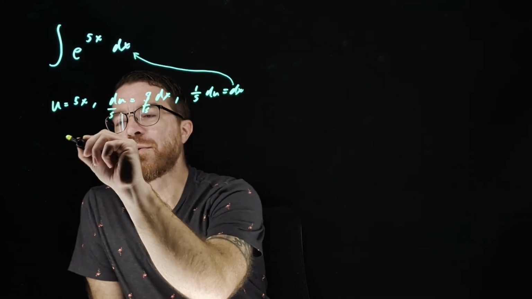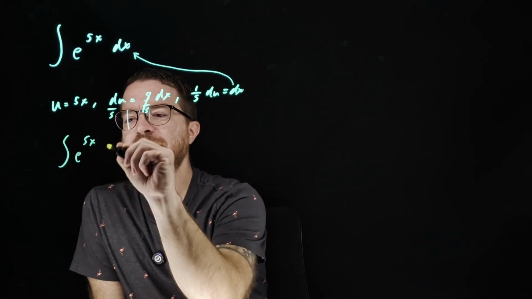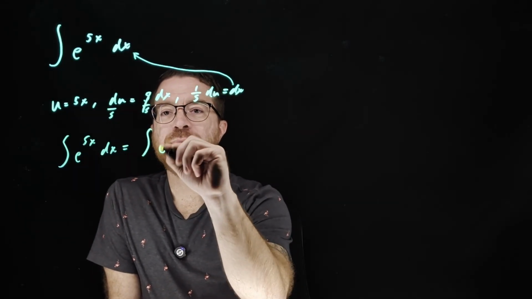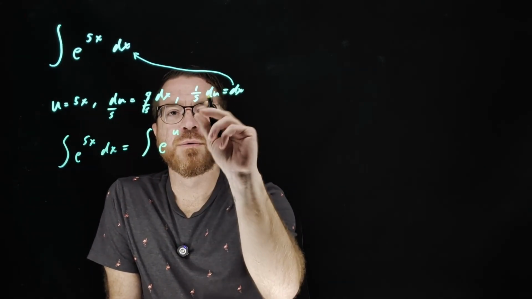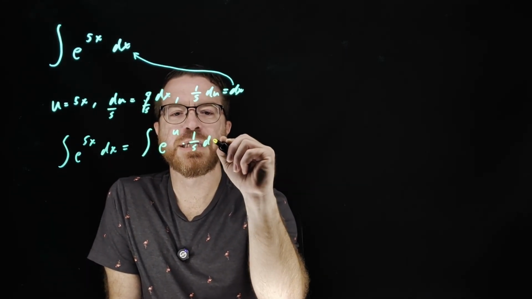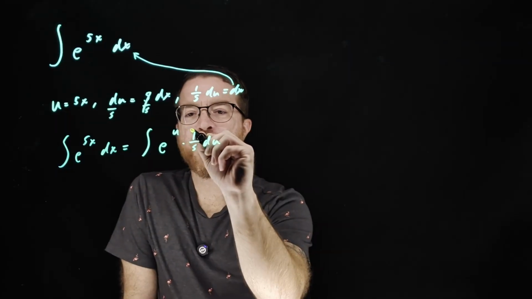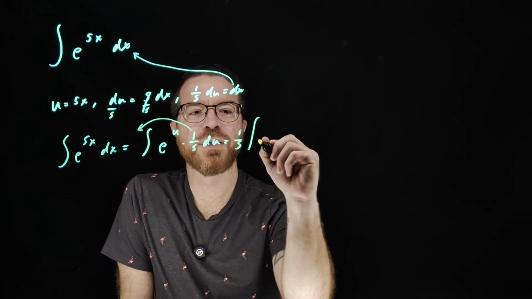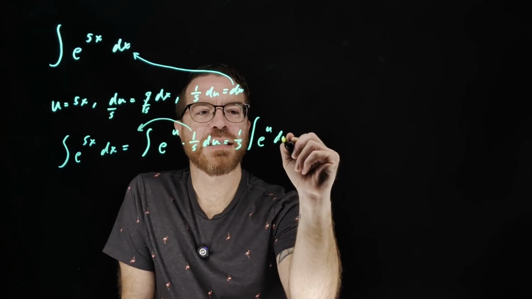So now our integral e to the 5x dx becomes the integral of e to the u times 1/5 du. And just like before, this 1/5 can be pulled out, giving us 1/5 integral e to the u du.